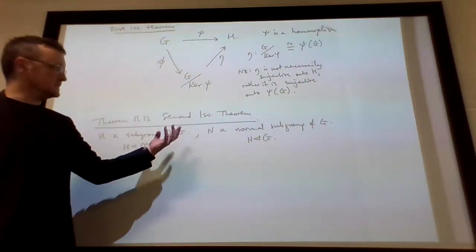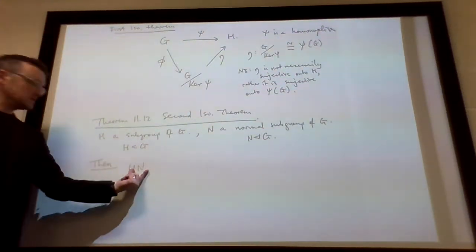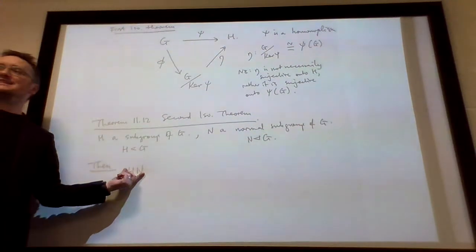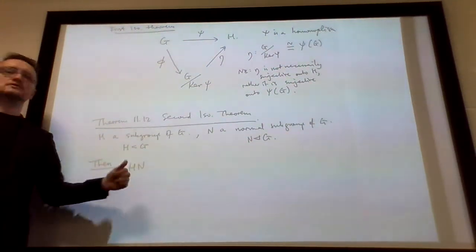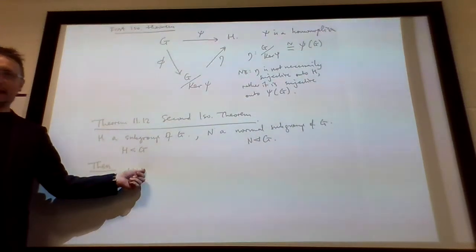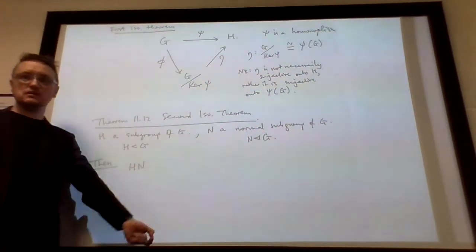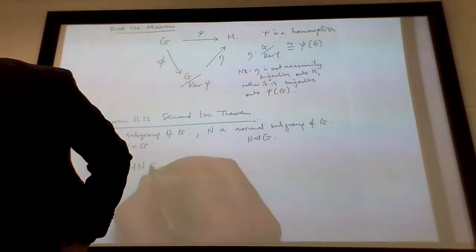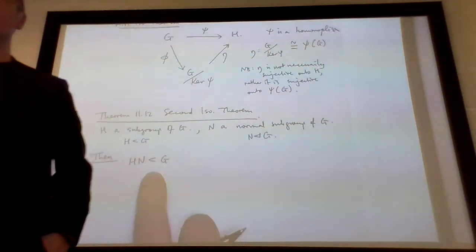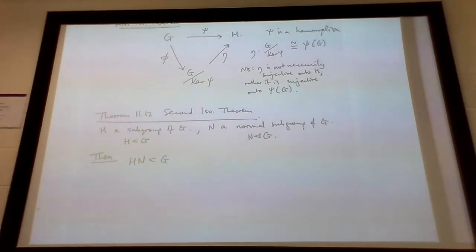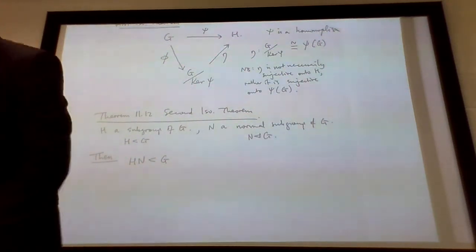H and N are at least subsets of G. So we understand what this means. This means the set of all products, something from H multiplied by something in N. So it's a set of products. It's certainly a subset of G, but the conclusion is it's a subgroup of G. So H times N is a subgroup of G.